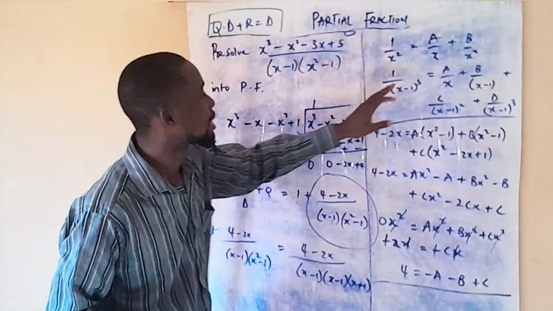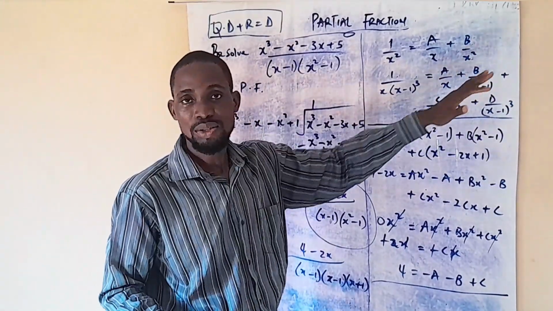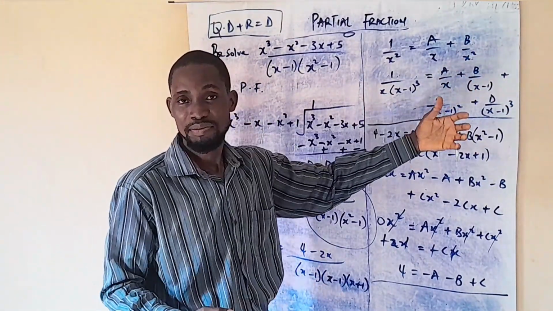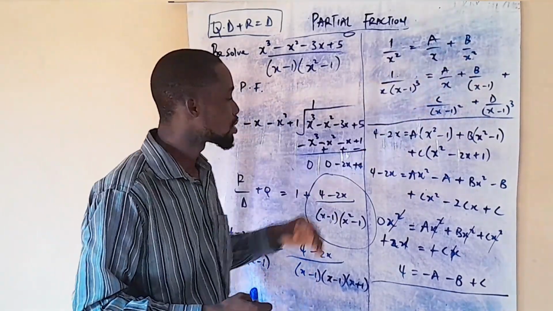You must expand like this while resolving this partial fraction before you now start solving. You can add up to z, right? But you must first do it like this before you now start solving.